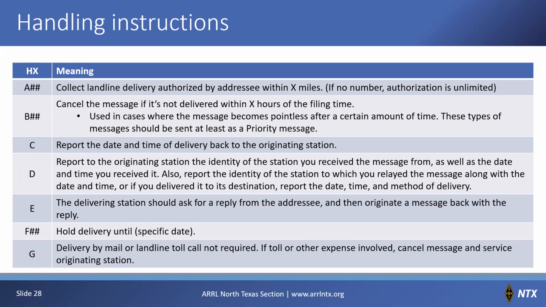And then when it moves to the next one, another message heads out that says, at this date and time, I relayed it to this station. And at that station, same thing: I received it at this date. So this generates a lot of messaging back to the originating station. This can be helpful if it's a very urgent emergency piece of traffic, and I need to follow it. I have to have that set of eyes on it all the way through.